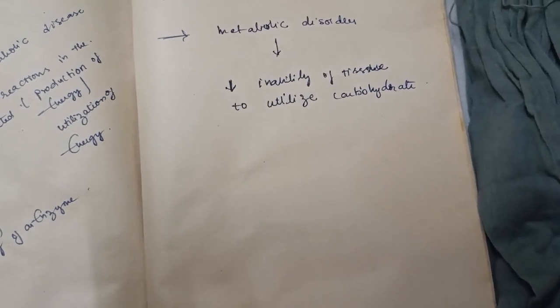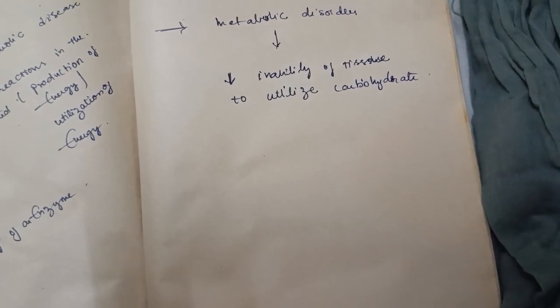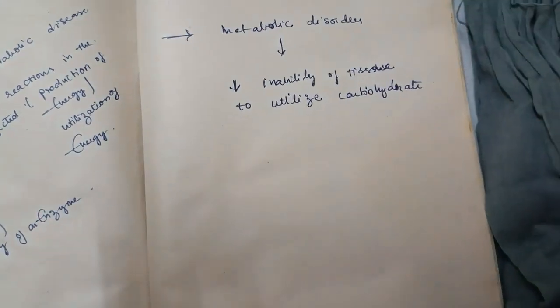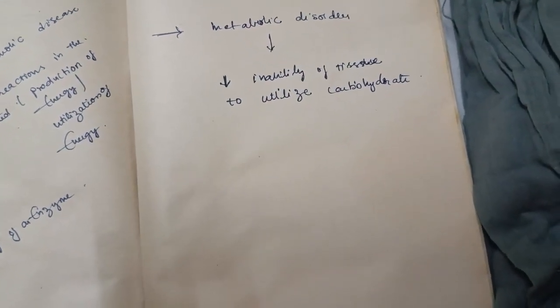As a result, there will be a shift in the fat and protein metabolism, which leads to electrolyte imbalance. It is mainly due to absence of insulin, and not only absence, it is also due to its deficiency or ineffectiveness.